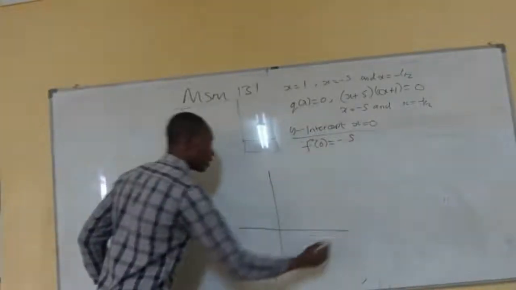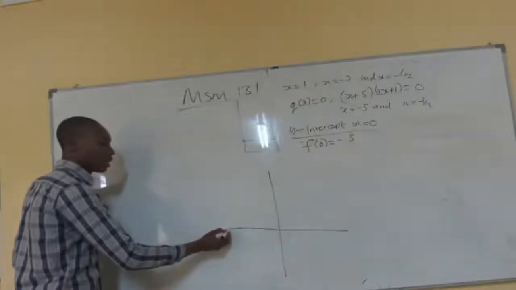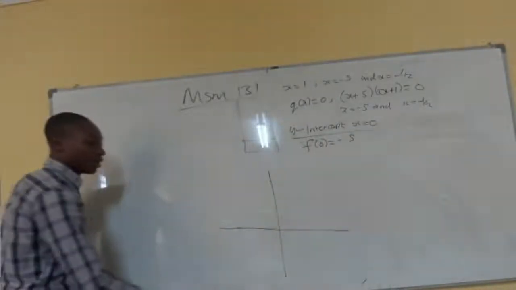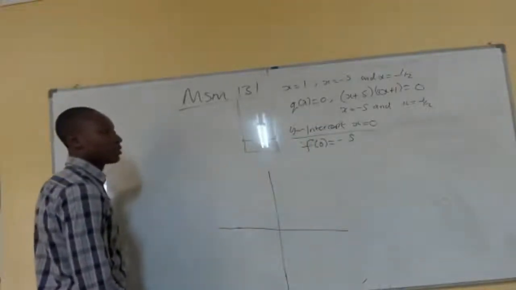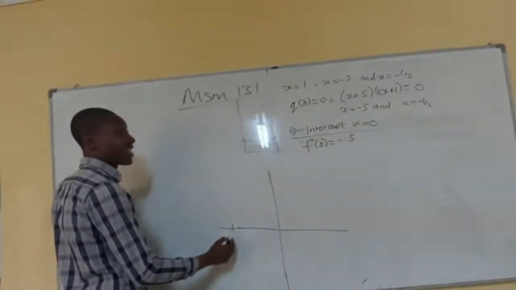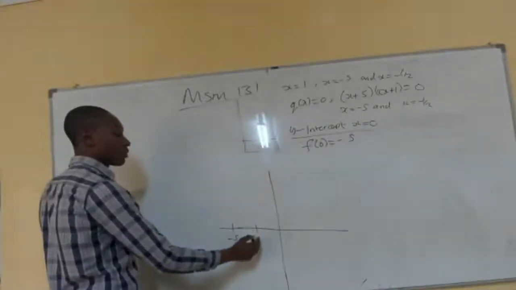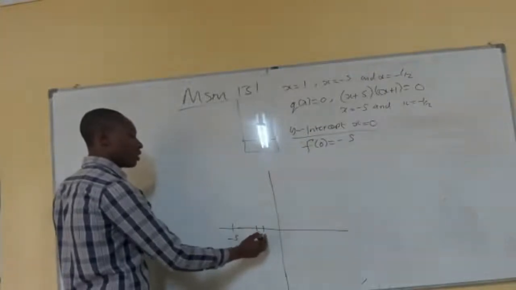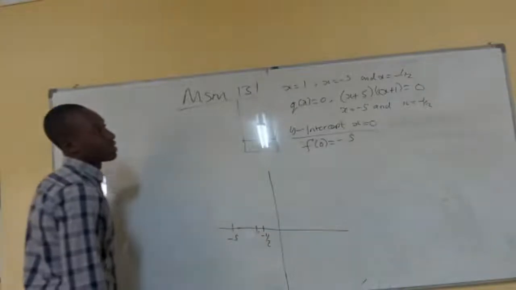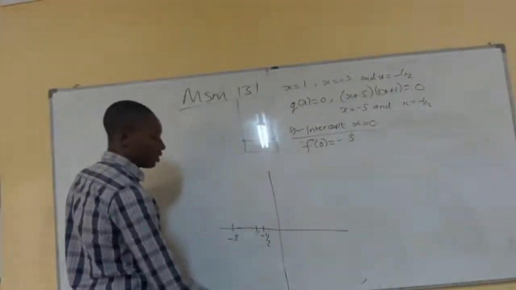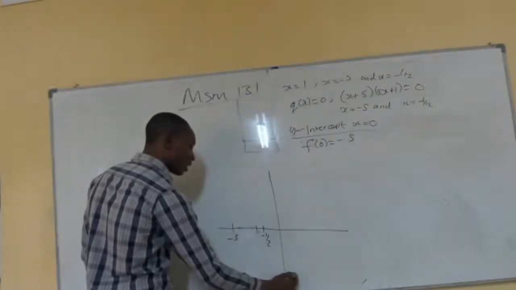Sketching this cubic function, number one, we first have to put the intercepts. We have -5, then we have -1/2, then the y-intercept is -5, let's maybe put it here.